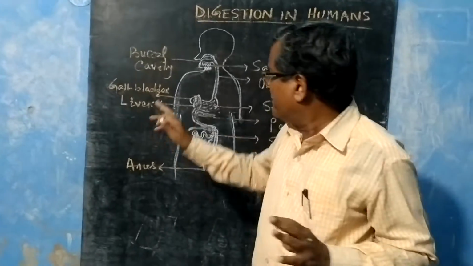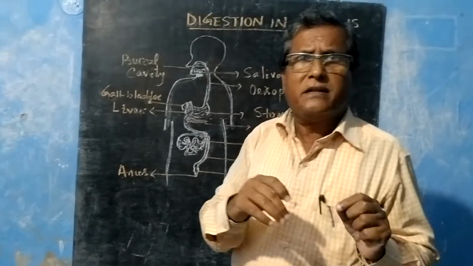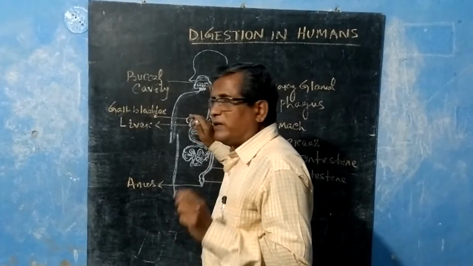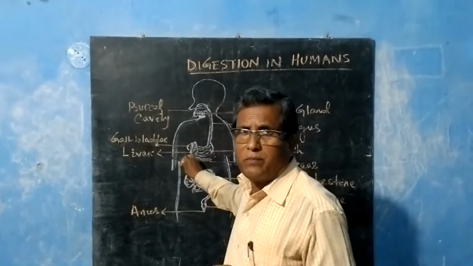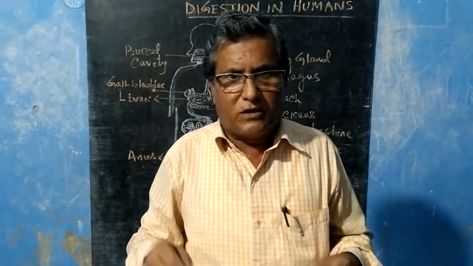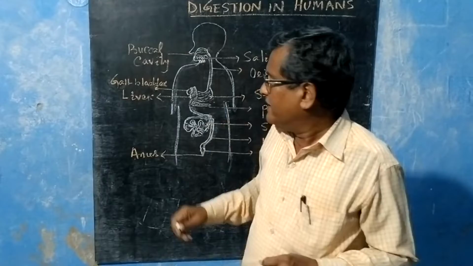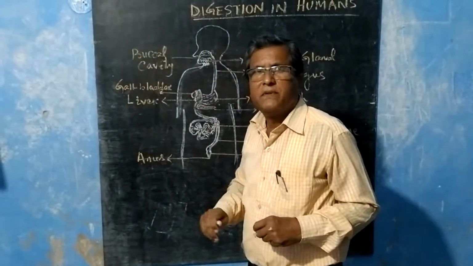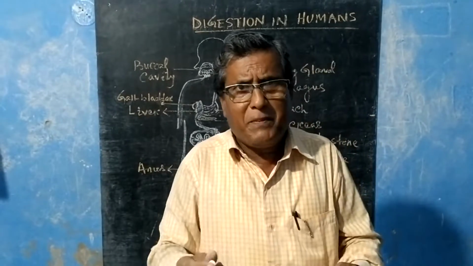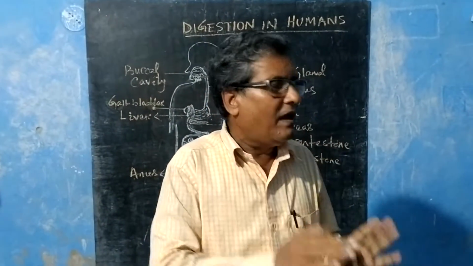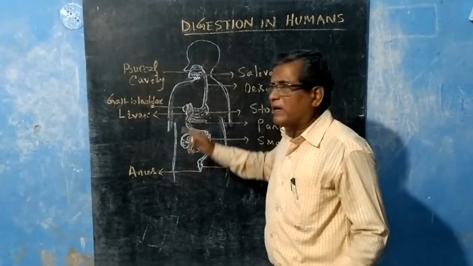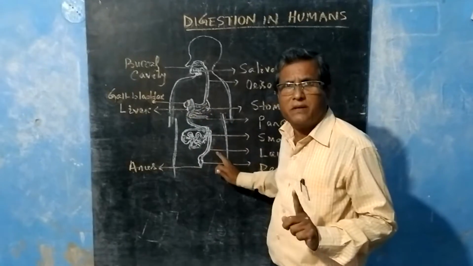This bile is stored in a sac, a bag called the gallbladder. And this bile digests or breaks the fat into fatty acids and glycerol. So it simplifies the fats into fatty acids and glycerol. And remember, the liver is the largest gland in the human body.